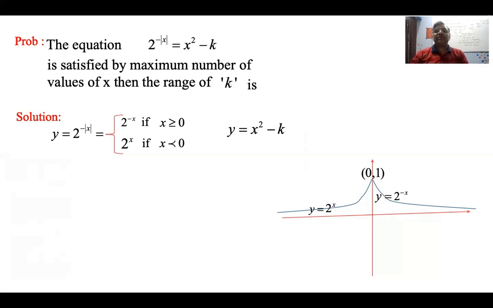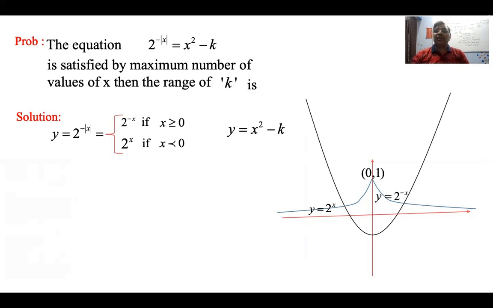Here the left side and right side are equal, which means that is exactly the points of intersection of these two graphs. Now imagine that the second graph will be there like this.